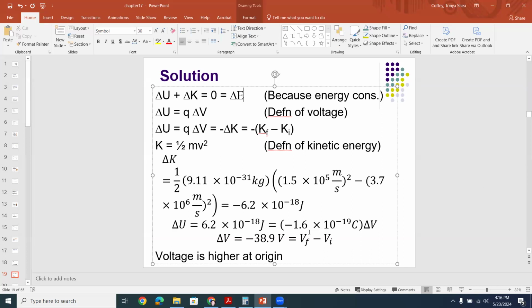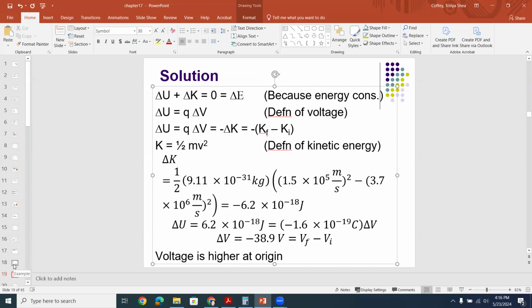That's the change in voltage that the electron undergoes. Since the voltage change is negative, the voltage at the final position is lower than the voltage at the initial position, which means the voltage is higher at the origin. I hope that's clear.